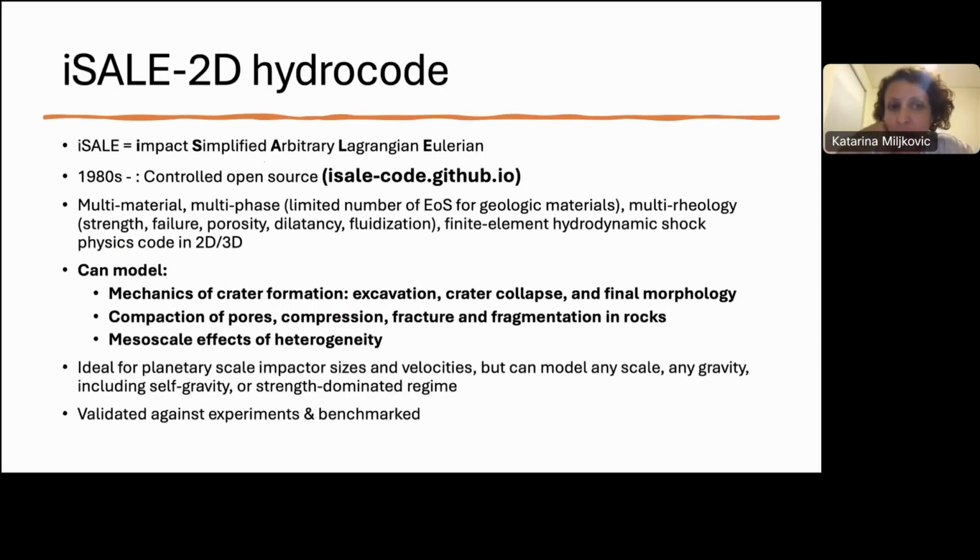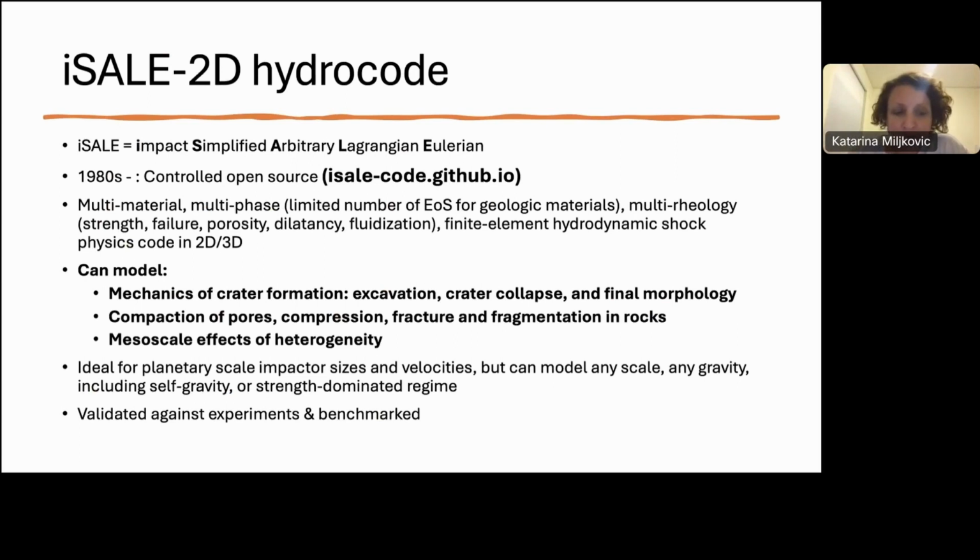In terms of what the iSALE-2D hydrocode can do, it can simulate crater formation, excavation, crater collapse, final morphology, compaction of pore space, general compaction, compression, fractures and fragmentation, as well as mesoscale effects, what's happening in rocks. It is an open source code, but it's a controlled open source, so you can find it on GitHub if you're interested in using it.